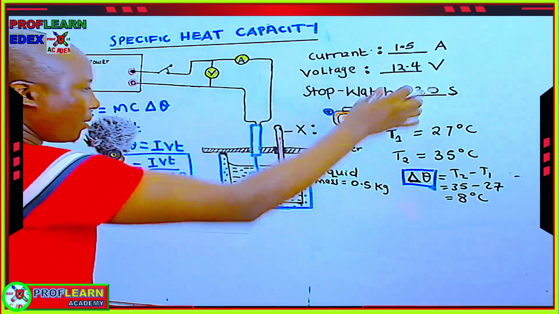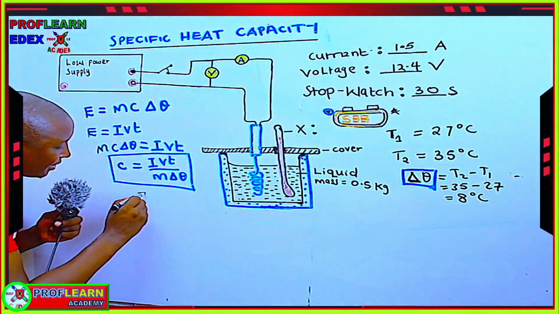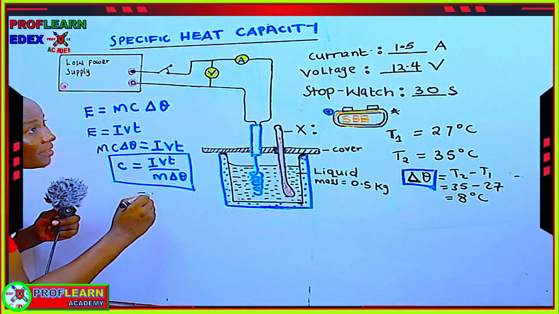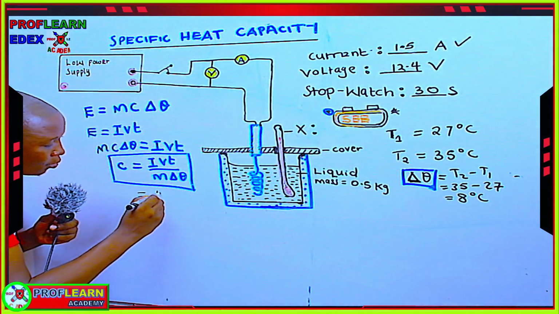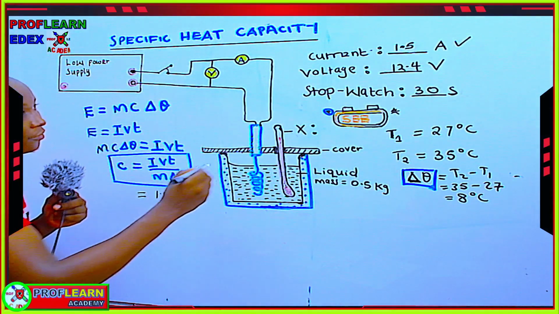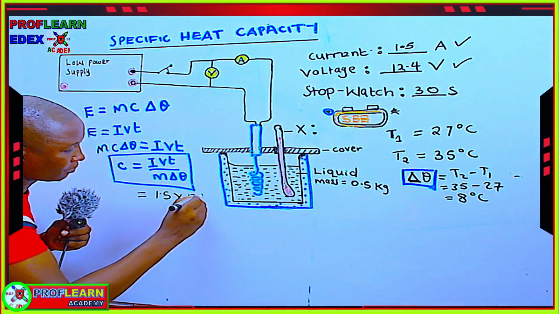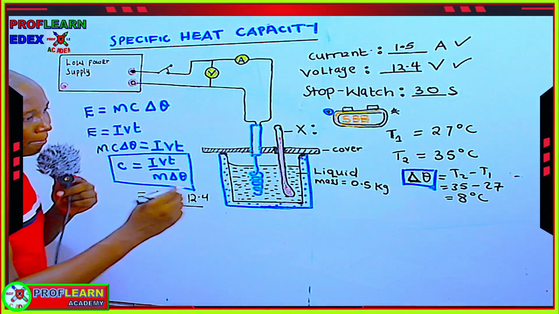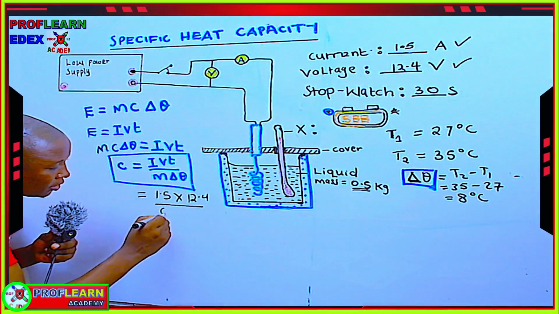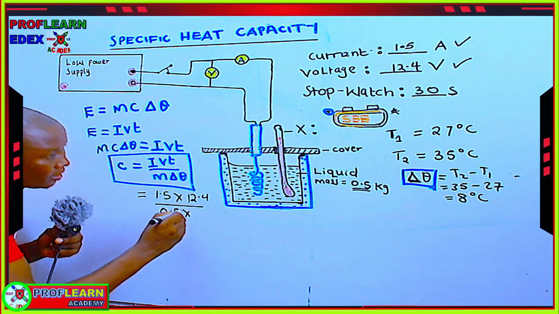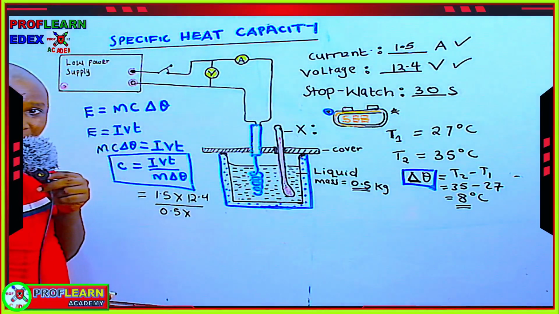Now, with the information provided in this question, the current is 1.5 amperes, times voltage, which is 12.4, divided by the mass of the substance, which was 0.5 kg, times the temperature change, which is 8 degrees Celsius.